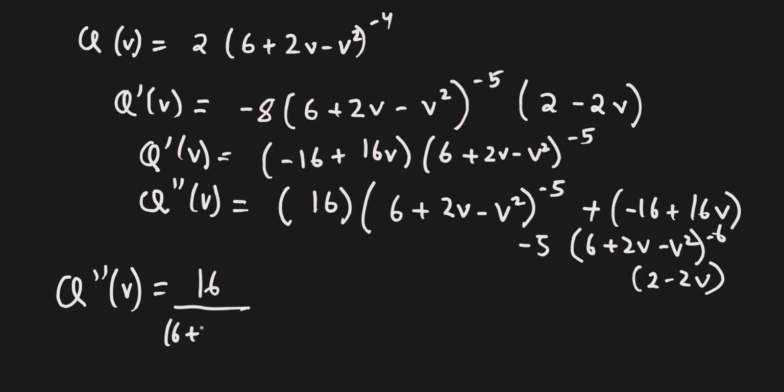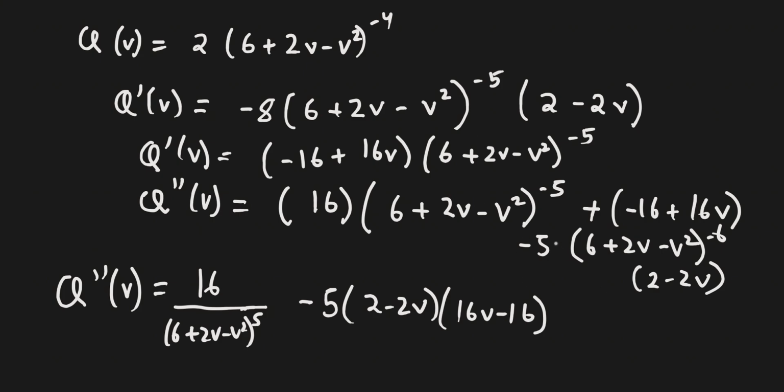So this is going to be 6 plus 2v minus v squared raised to the fifth power, and then we can do minus, and then we can have a 5 and then multiply by 2 minus 2v times negative, so actually I'll just do 16v minus 16, and then all of this divided by 6 plus 2v minus v squared raised to the 6th power.